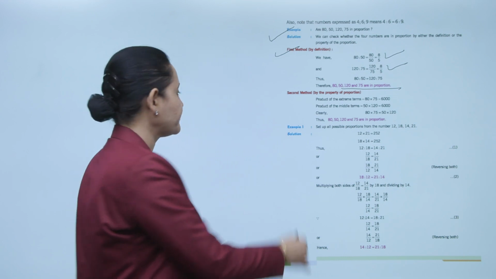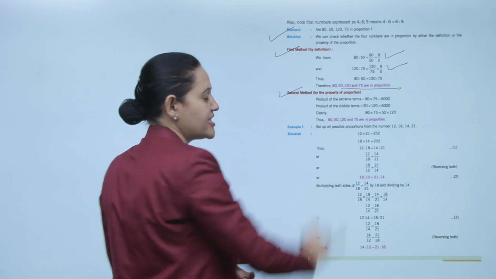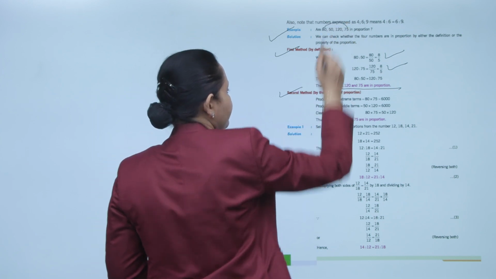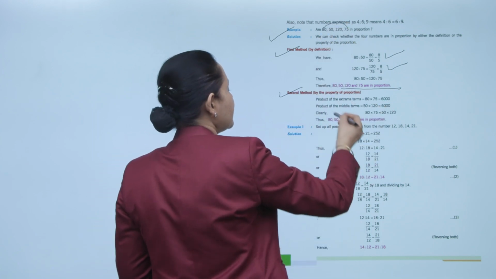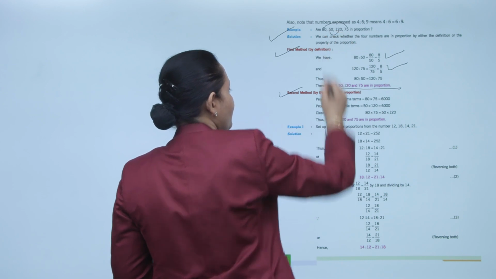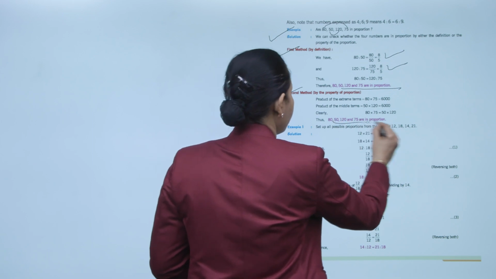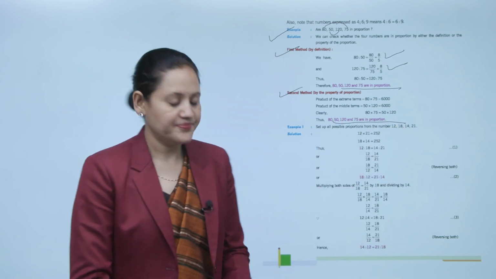Second method, the product of extremes, that is 80 into 75, that is 6000, and the product of means 50 into 120, that is also 6000, means they are in proportion. Clear?